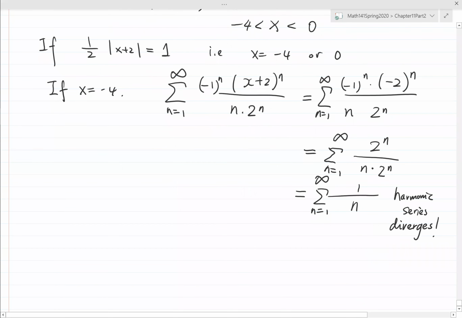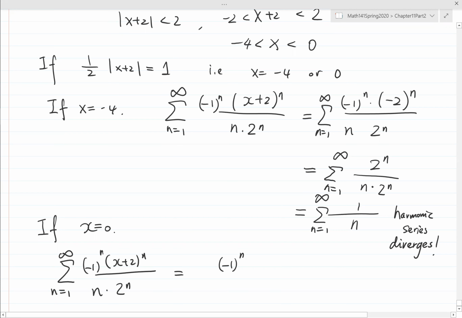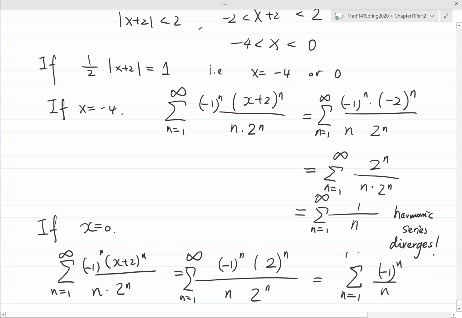Okay, if x is 0, the series now becomes, plugging in x equals 0, negative 1 to the power n, 0 plus 2 is 2 to the power n, over n times 2 to the power n, from 1 to infinity. Now 2 to the power n cancels 2 to the power n, then we get negative 1 to the power n over n from 1 to infinity.